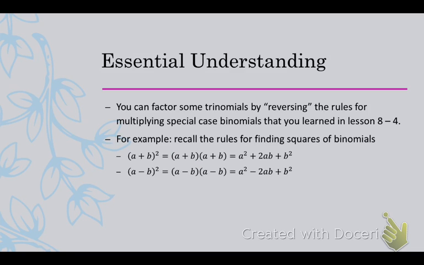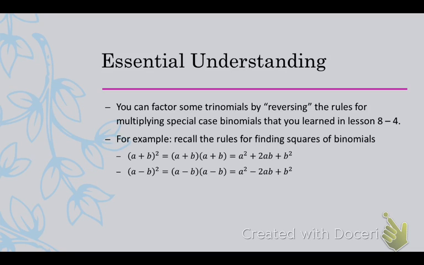Just to go back to what we learned a few lessons ago, you can factor some trinomials by reversing the rules for multiplying special case binomials. If you remember, a plus b squared becomes a squared plus 2ab plus b squared.